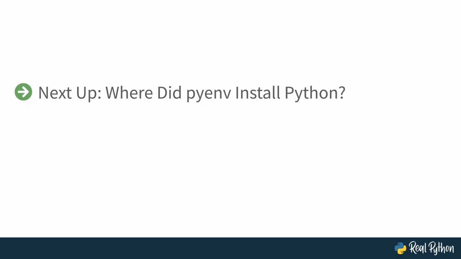For the rest of the course, the examples assume you've installed CPython version 3.9.1. But you're free to substitute these values for the Python versions you actually installed. Also note that the system Python version in the examples is 2.7.12. Let's have a look in the next lesson where pyenv actually installed Python 3.9.1.